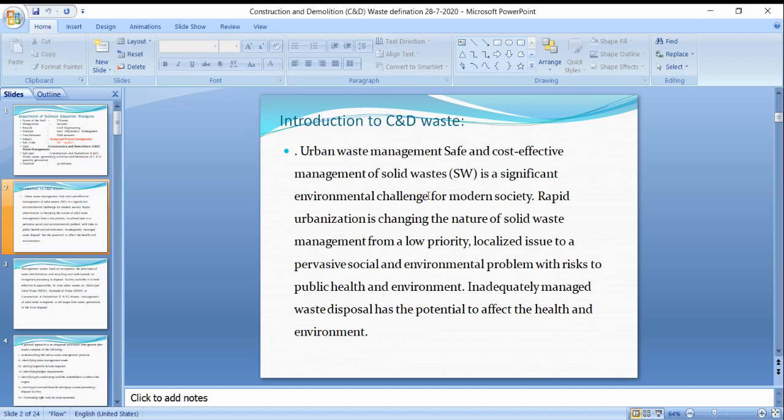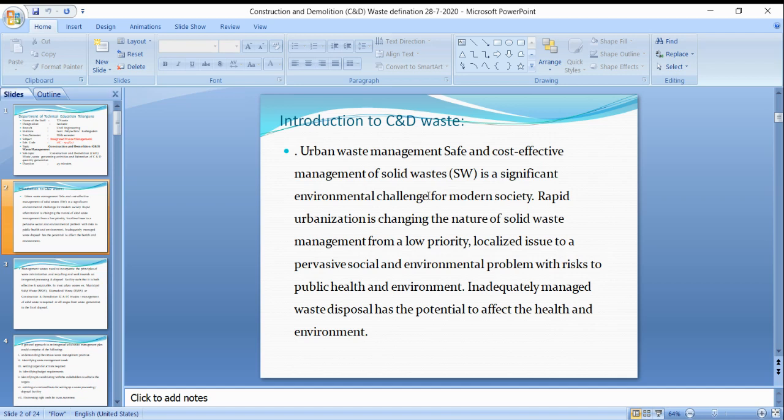So till now we have completed those topics. Now we are going to see the construction and demolition waste. What do we mean by construction and demolition, and some introduction regarding that.